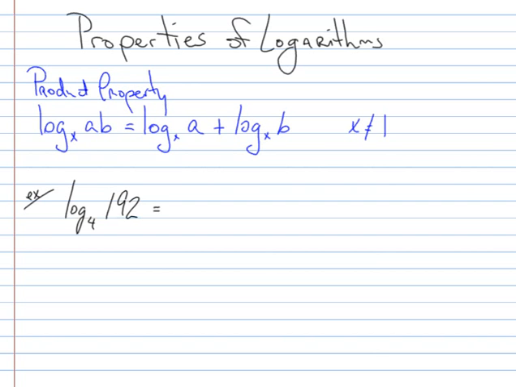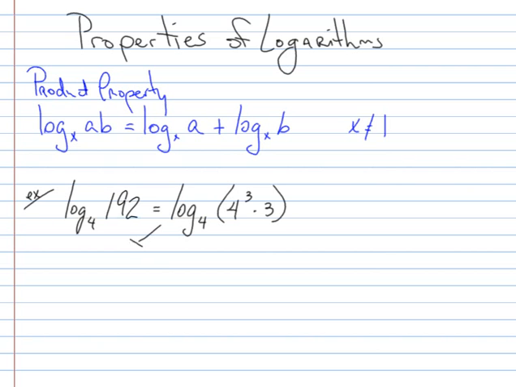The log of this becomes the log base 4 of 4 to the third power times 3. This 4 to the third power is 64, and 64 times 3 is 192.